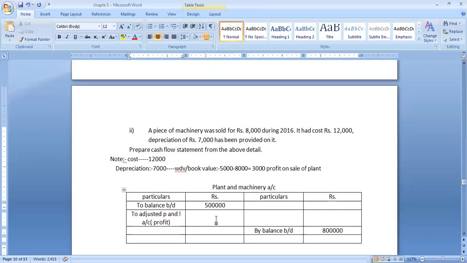So what is the profit? 3,000 is the profit. Clear? There is also sale. So what is the value of sale which is given here by bank or cash? 8,000 is the sales value.